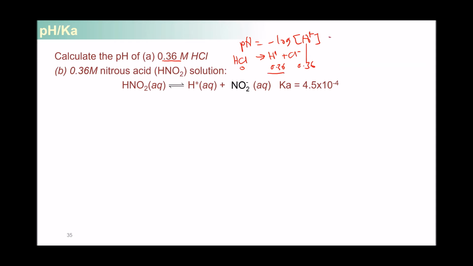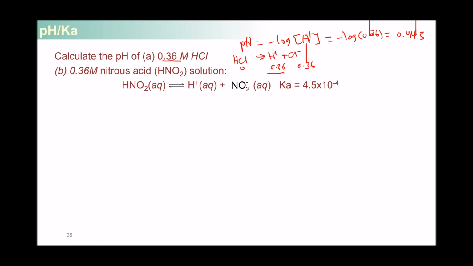So we put this in here and take the negative log. So it's negative log 0.36, which will give you a pH of 0.443. In the case of a weak acid like nitrous acid, it's never 100% complete ionization.